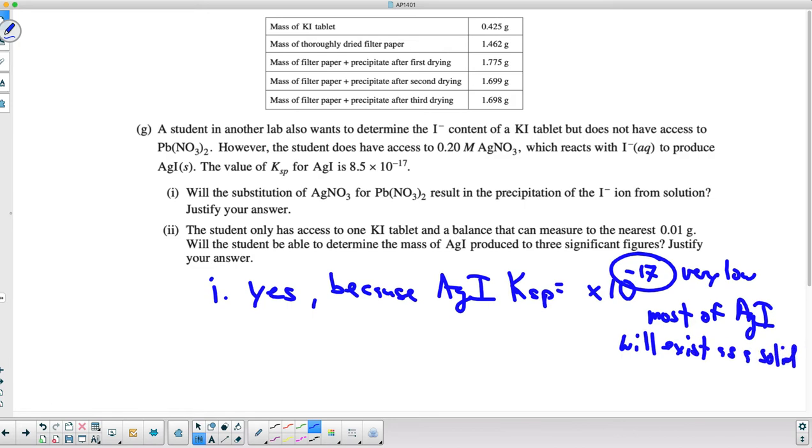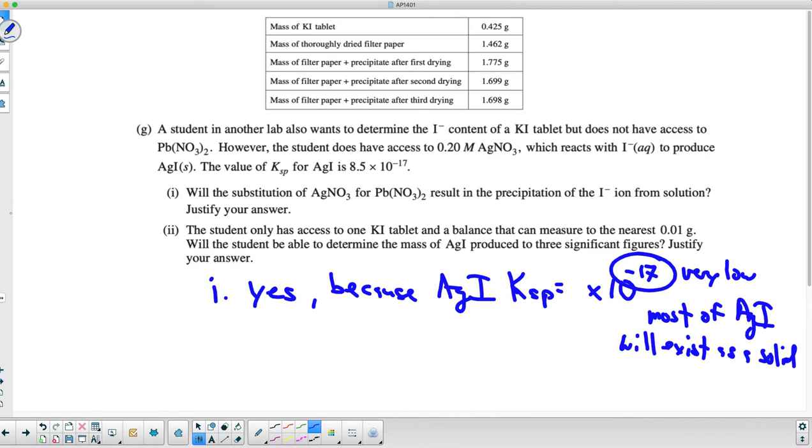If you had something with a Ksp on the order of 10 to the 1 or 10 to the 15, then you would have something that dissolves very readily in water. So the higher the exponent, the more it dissolves in water. A negative 17 is a very, very small number, which means that most of it will exist as a solid in the solution. So yes, you can substitute the two because the Ksp is very low.